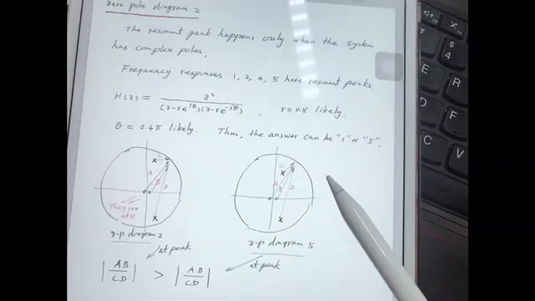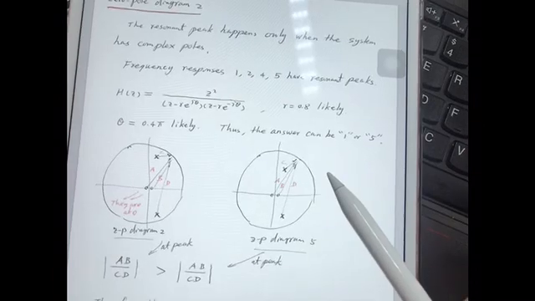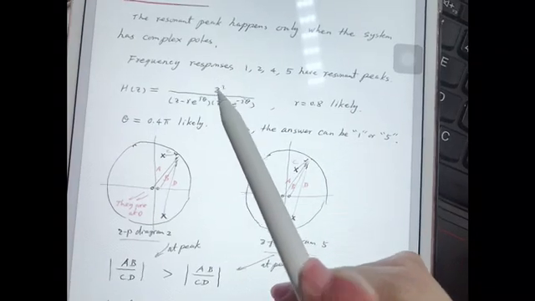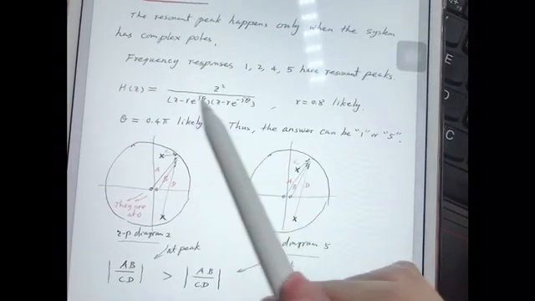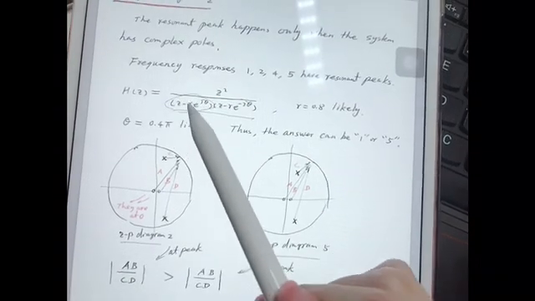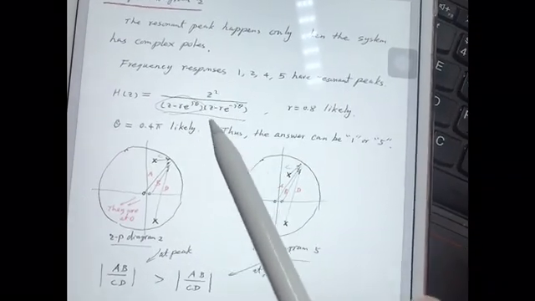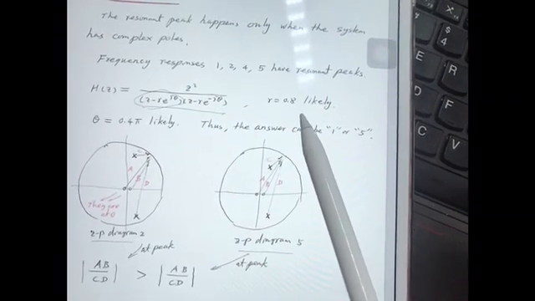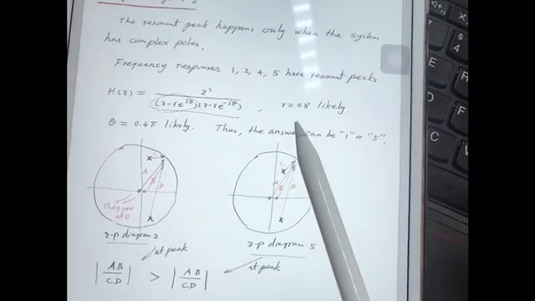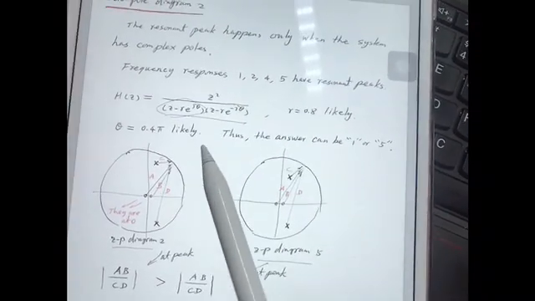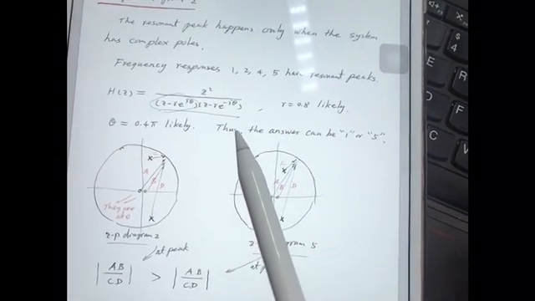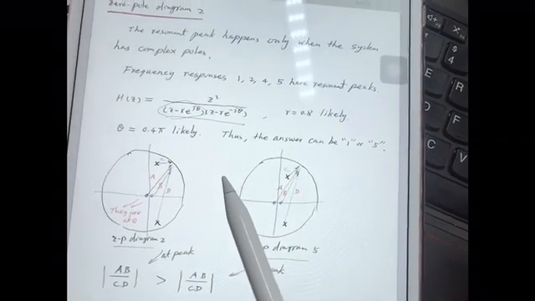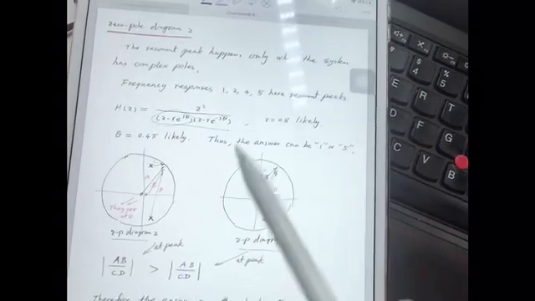So the frequency response can be written as H(z) equals this squared divided by this. These are the complex poles, and r is similarly equal to 0.8, and θ is about 0.4π likely, and so the answer might be 1 or 5.